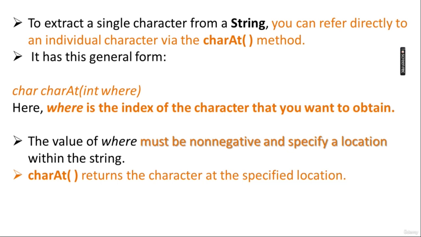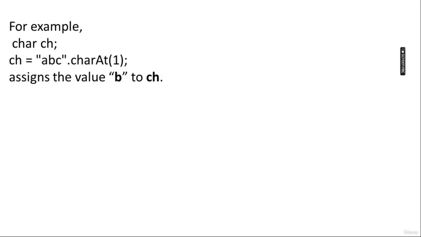If the number of characters present in the string is 5 and you are giving the 7th index, it will give you an exception. Okay, charAt returns the particular character at the specified location. Okay, char ch = "abc".charAt(1). You can use the string literal instead of creating an object directly, as we have seen. charAt(1), so 0, 1, it will return b. Okay, assign the value b to ch and I can display the b.